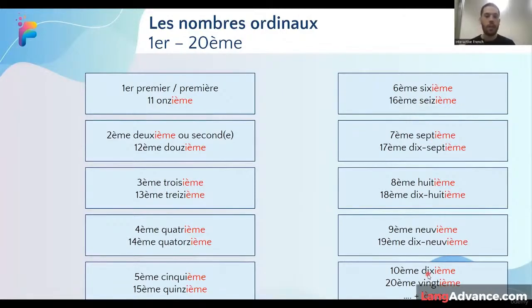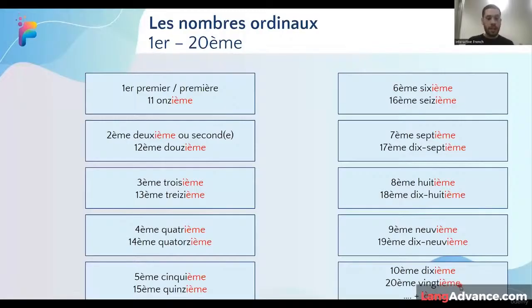All right. So yeah, you say the number and you add ième. And then same goes for the numbers after 10. Onzième, douzième, treizième, quatorzième, quinzième, seizième, dix-septième, dix-huitième, dix-neuvième, vingtième, and so on and so forth.